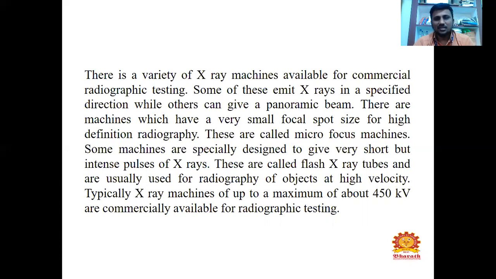Some machines are specially designed to give very short but intense pulses of X-rays. They are called flash X-ray tubes and are usually used for radiography of objects at high velocity. Typically, X-ray machines of up to a maximum of 450 kilovolts are commercially available for radiographic testing.